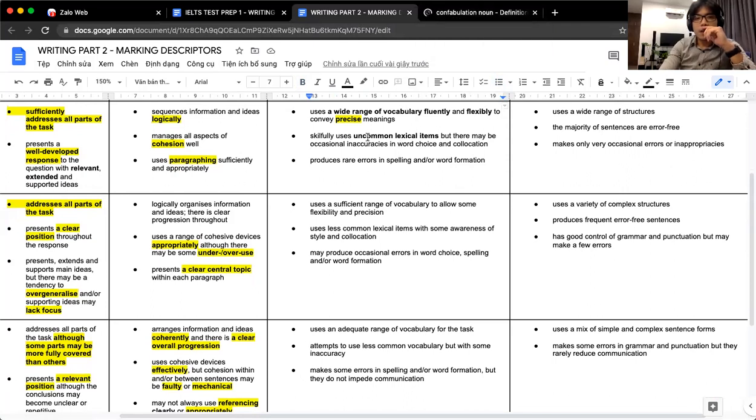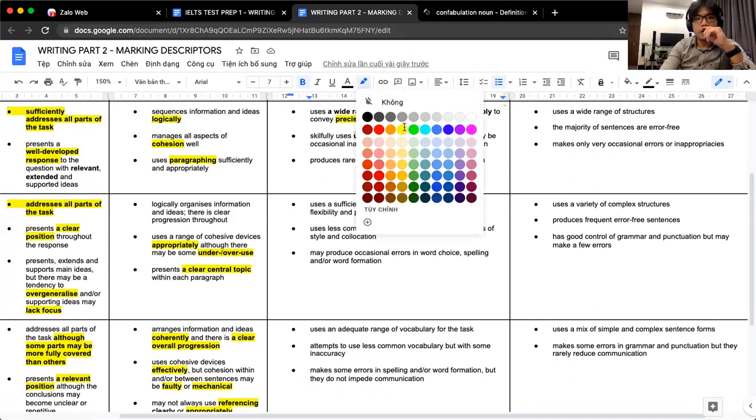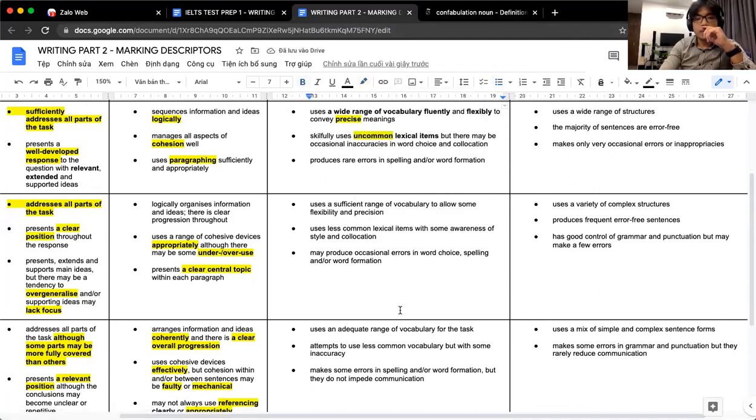So by uncommon they mean the words that you typically see in nonfiction books. The words that you would typically see in materials that are targeted at native speakers, not for people that are learning the language. So, for example, recently I'm reading a book called Flow by Mihaly Csikszentmihalyi.